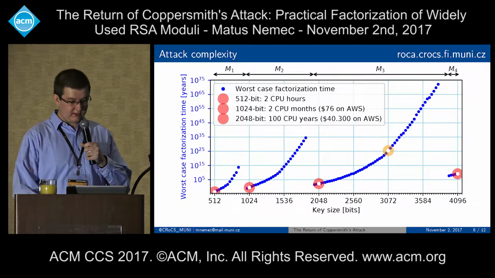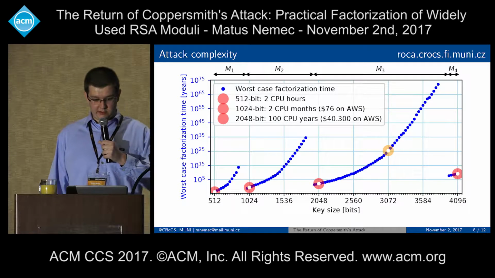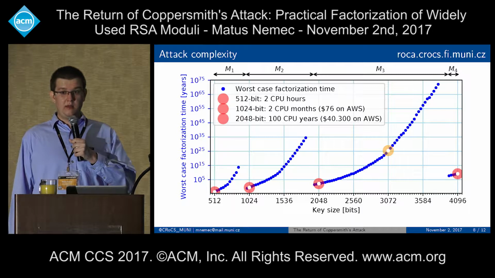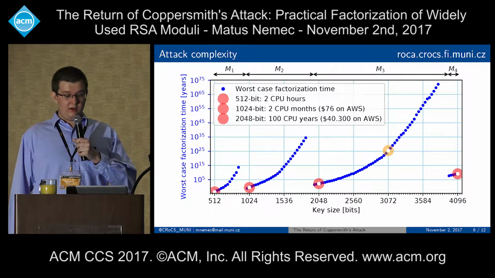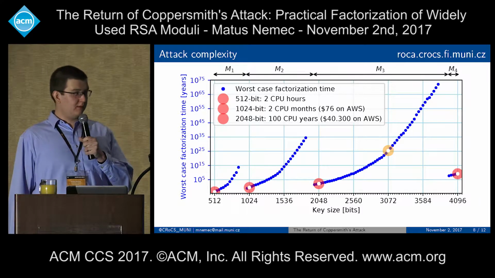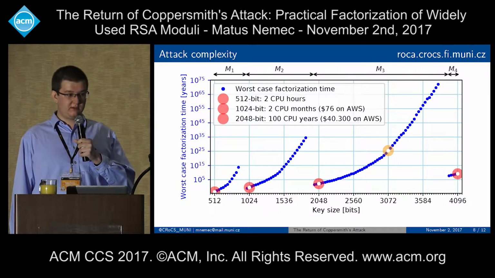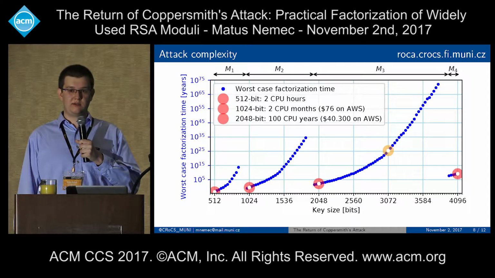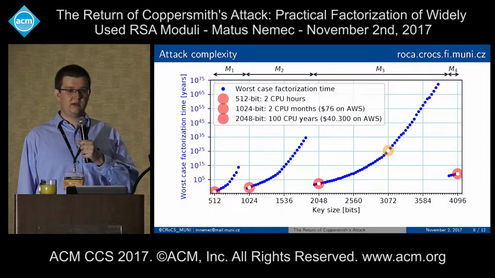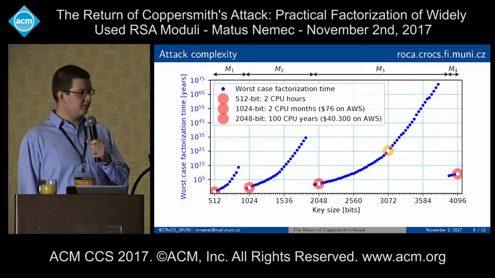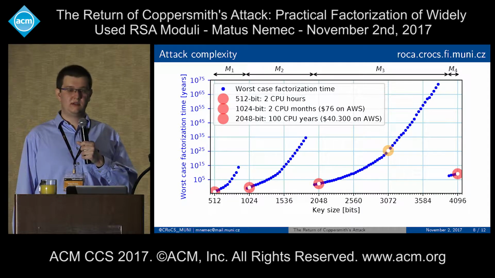This drop happens again right before 2048-bit moduli, making them factorable on Amazon Clouds in 100 CPU years, which would cost about $40,000. However, if an attacker has access to their own infrastructure, we computed the energy price to be less than $1,000 to break this key.